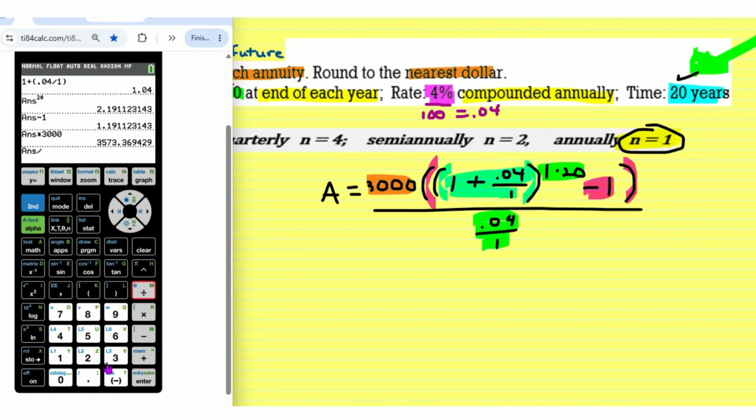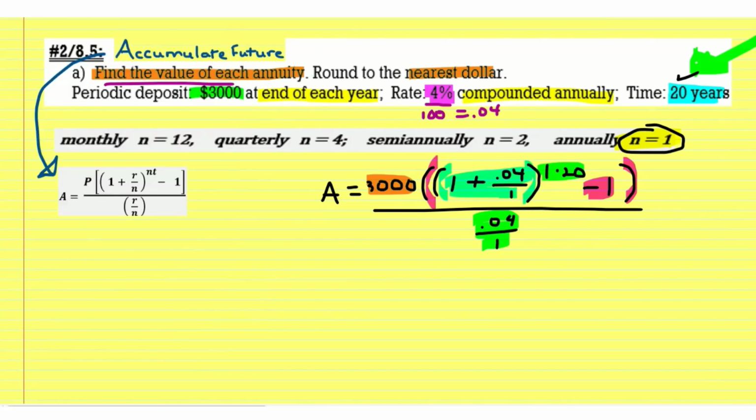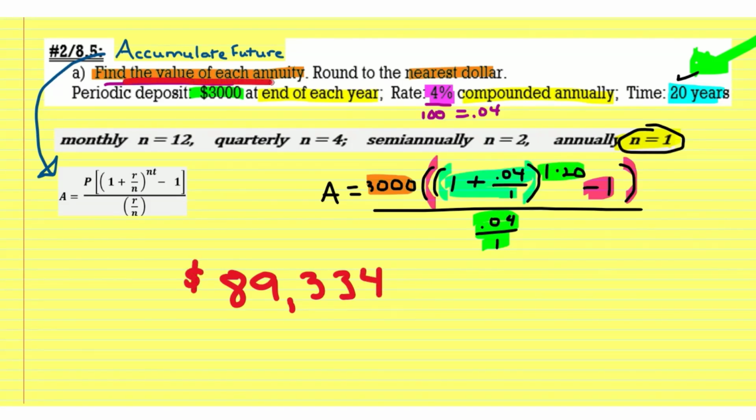So I'm going to divide that by 0.04. And it does give me the same exact answer that we should have, 89,334. So $89,334. That is going to be the value of the annuity at the end of 20 years.